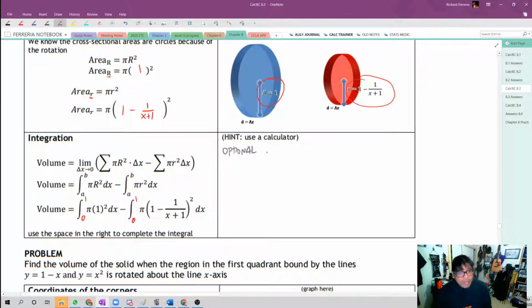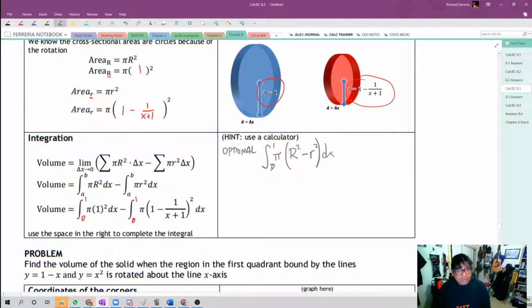So optional, we could make this the integral from 0 to 1 of pi, and this is going to be the big radius squared minus the little radius squared dx. Now that's totally optional. There's no real reason to do that other than it looks nicer on the calculator. But you have to know that this is two integrals being subtracted from each other.